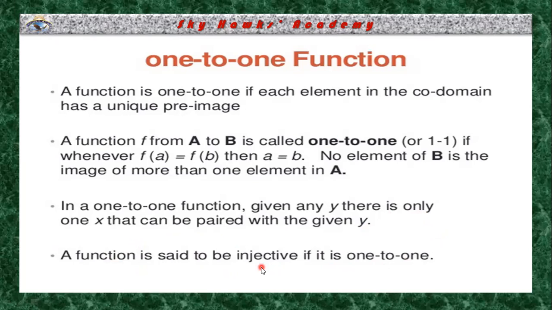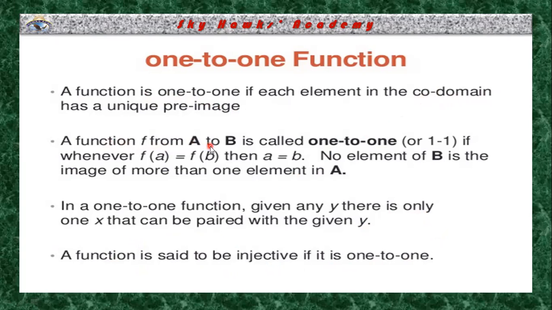So the one-to-one function is also called an injective function. Here we have used the codomain. Codomain is actually the range, and the function is one-to-one if every element of the codomain is an image of some element in the domain.